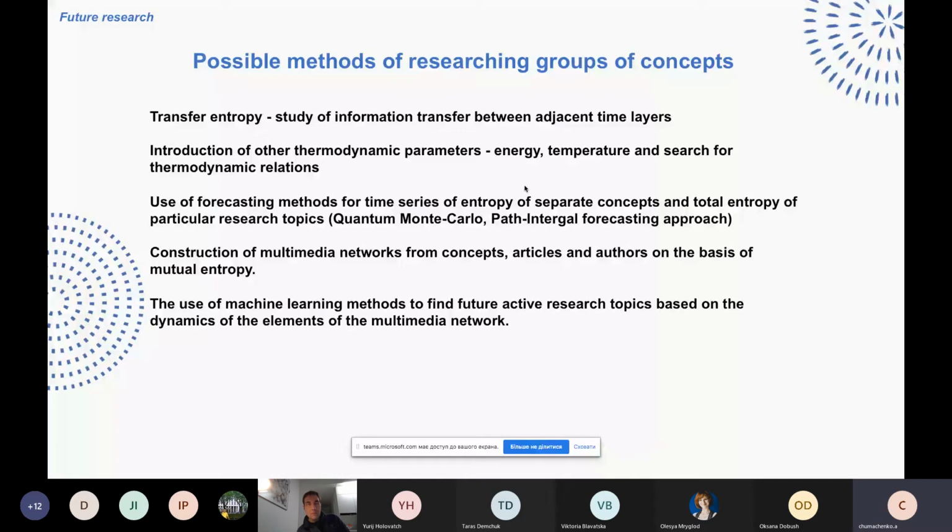So another problem, which was actually there initially in the project of ScienceWise, is the construction of multi-networks, sorry, there's a mistake, of concepts, articles, and authors. So our measure can be easily adapted to calculate the distances between not only concepts, but between articles or authors. And when we have such three networks, we can easily find the connections between them.